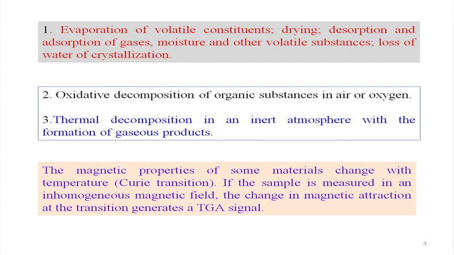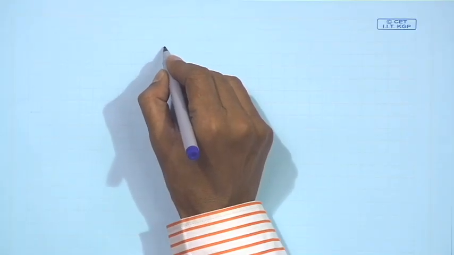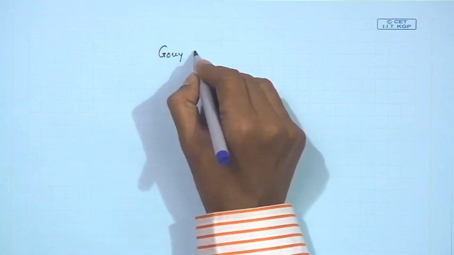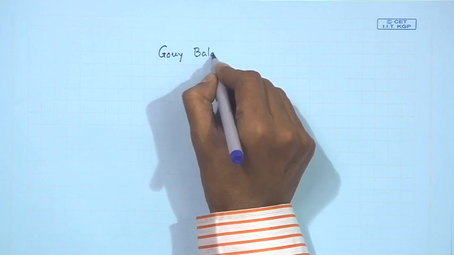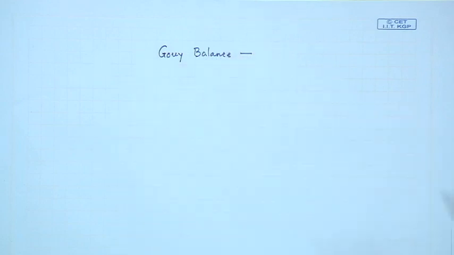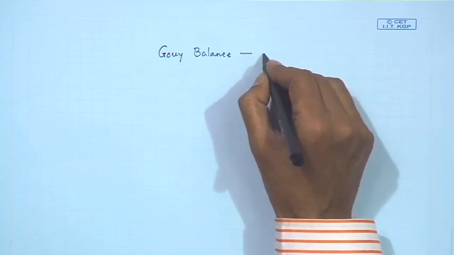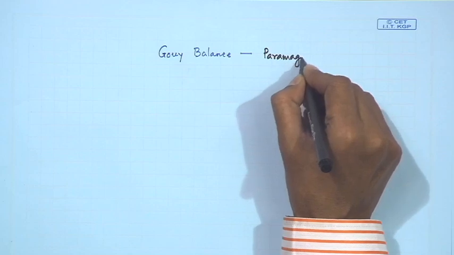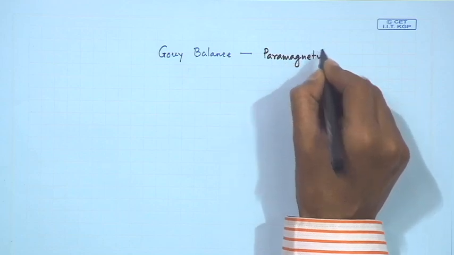In relation to these magnetic properties, just briefly, we can have a balance known as the Gauss balance, which is utilized for knowing whether a material is paramagnetic or not. How does it work?